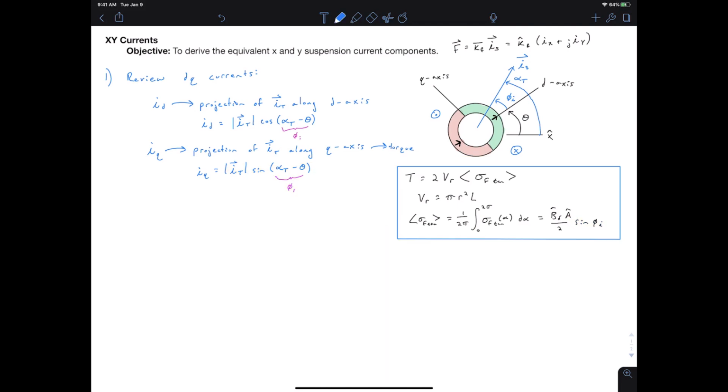So to rewrite all this out, we can observe that when we know our direct and quadrature axis current, we can construct our torque current space vector, where again, theta is the angle of the direct axis relative to our horizontal axis, x. And we can also write this in terms of our three-phase motor currents. If we're being ultra precise about this, we'll put a coefficient c in front of this.